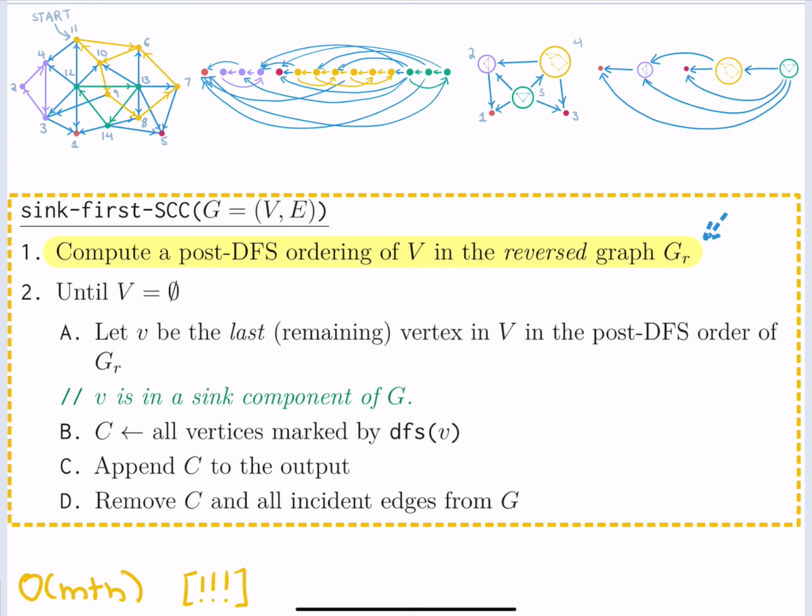Since that's from a source component in the reverse graph, that'll always be coming from a sink component in the original graph G. The rest of the steps are the same as before. We run DFS from that vertex, get the component. We output that as one of the components, remove the component and all its edges, and repeat. Okay. And that's it. And amazingly, this whole thing can be done in m plus n time, linear time.